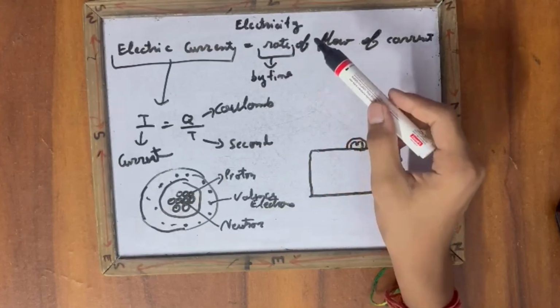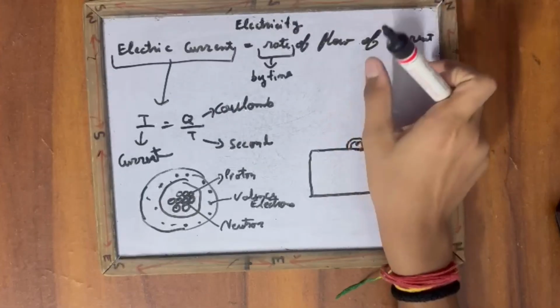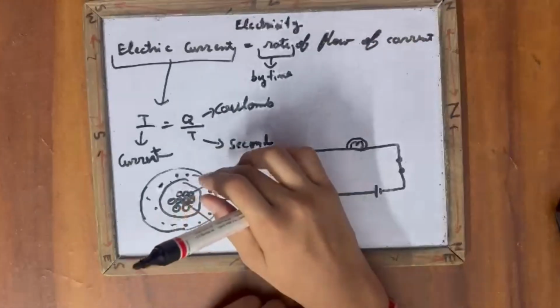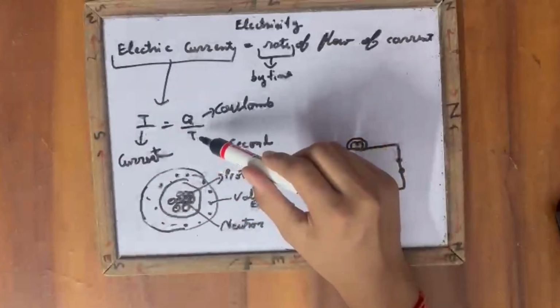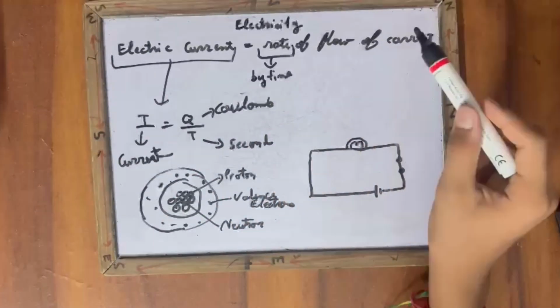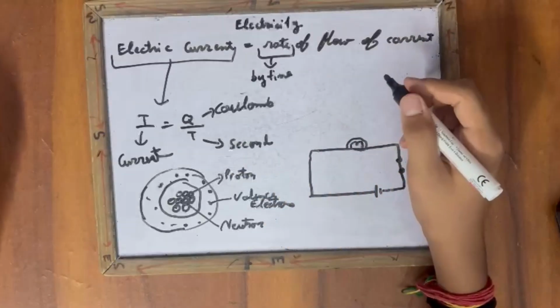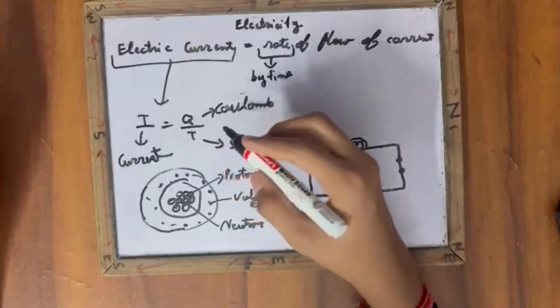It means in how much time how much current flows. Upon means by. In the formula of current we represent time in seconds.